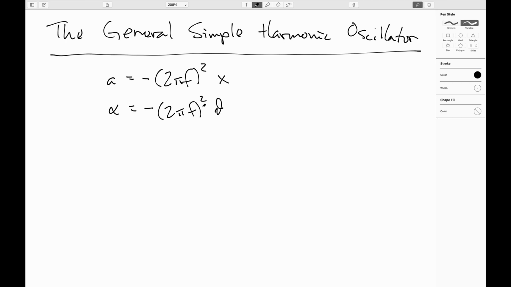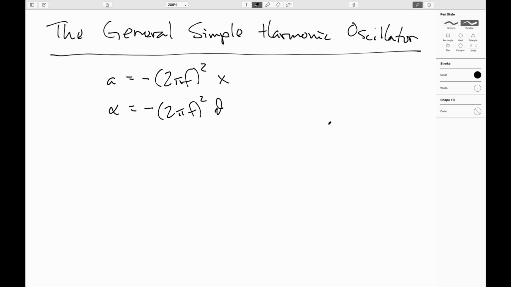So although we did this very specifically looking at a horizontal mass on a spring, we didn't even consider the vertical case yet. As long as the variable on the left-hand side of the equation and the right-hand side of the equation have the same kind of interrelationship as acceleration and position do, if whatever you're writing can be massaged into this sort of situation, you've found yourself a simple harmonic oscillator, and you can just stop right there because you know the answer, and you can identify the frequency.